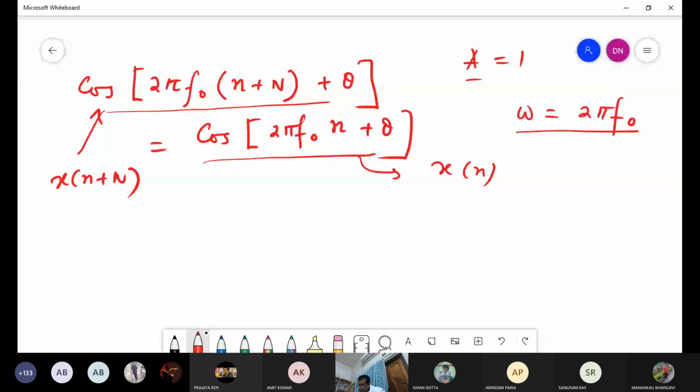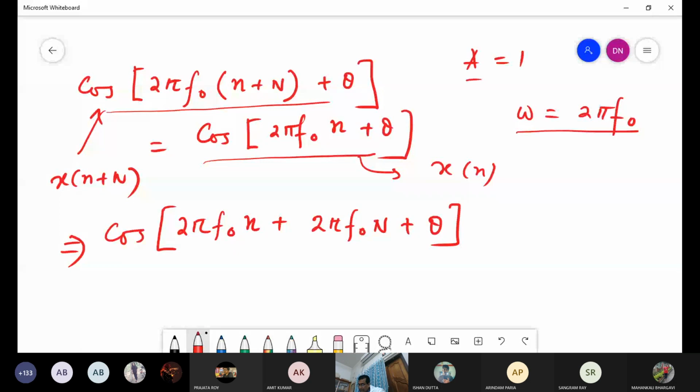Now you see, the left hand side is cos twice pi f0 into n plus twice pi f0 into capital N plus theta.